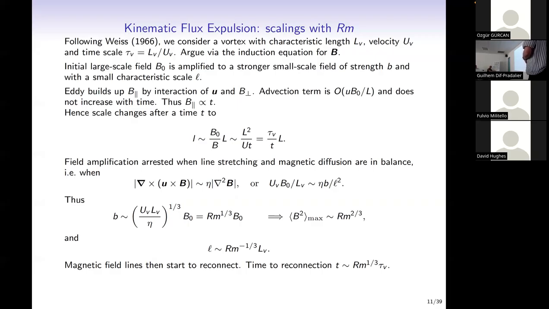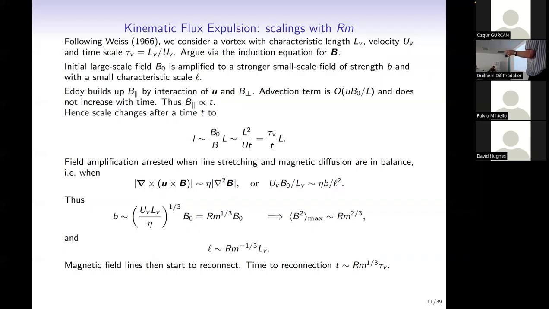So the advection term doesn't increase with time, but just like in a linear shear flow, the parallel component increases linearly with time. Okay, so there's a gradual linear reduction in the key scale as 1 over time.